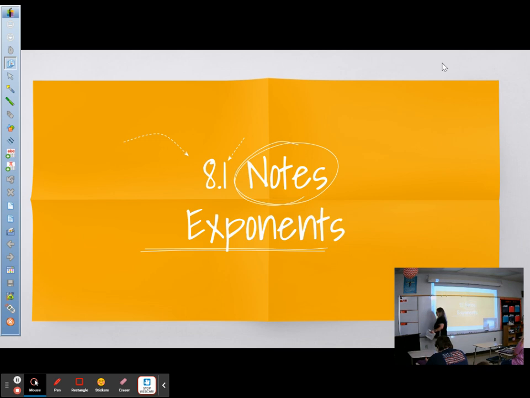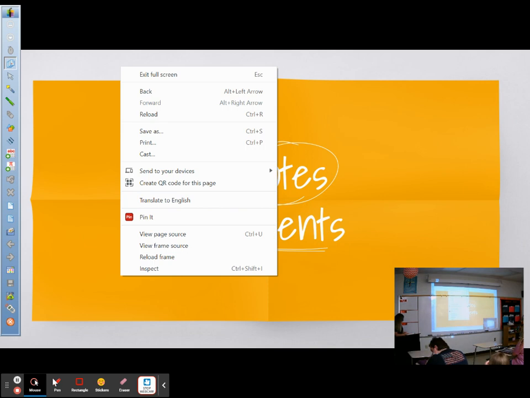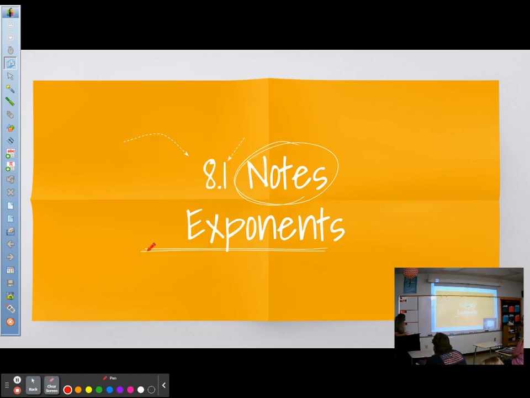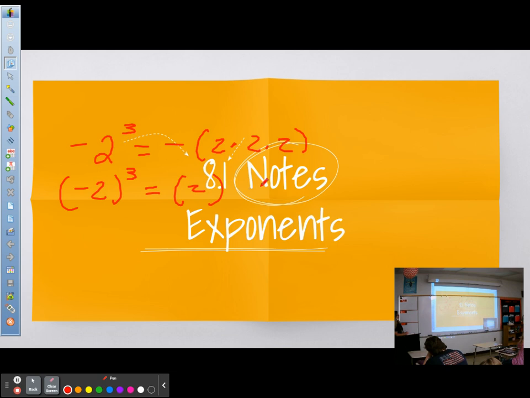And we talked about the difference between negative 2 to the third power and negative 2 to the third power, okay? So this top one here, negative 2 to the third, that means negative 2 times 2 times 2. Whereas negative 2 to the third means negative 2 times negative 2 times negative 2.